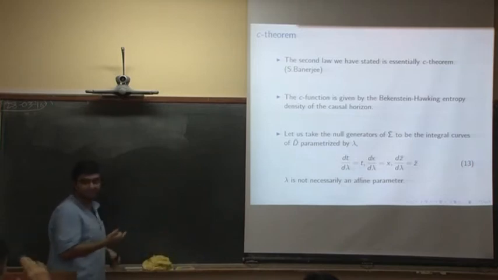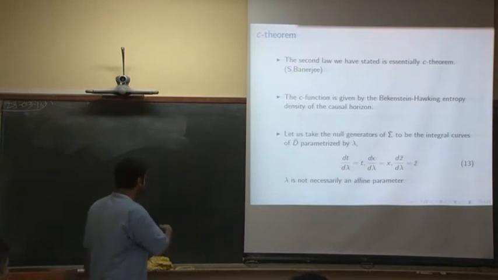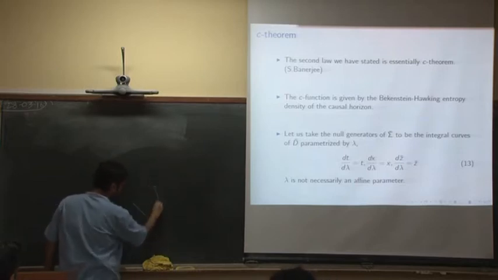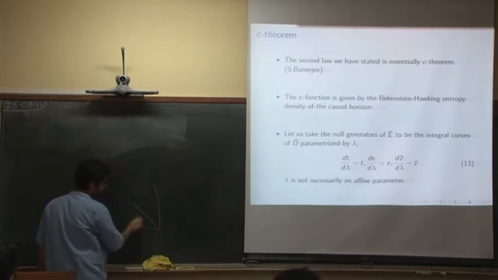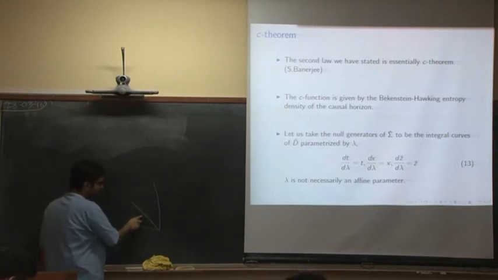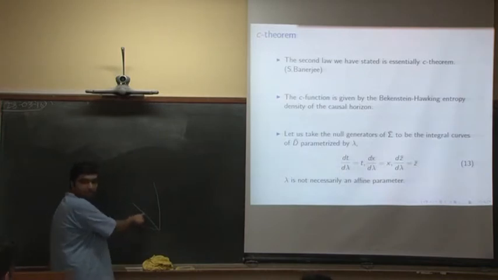No, it is less than. Explain why. So this is the past, this is the future, this is the boundary of the future, so this is the past horizon of the black hole.